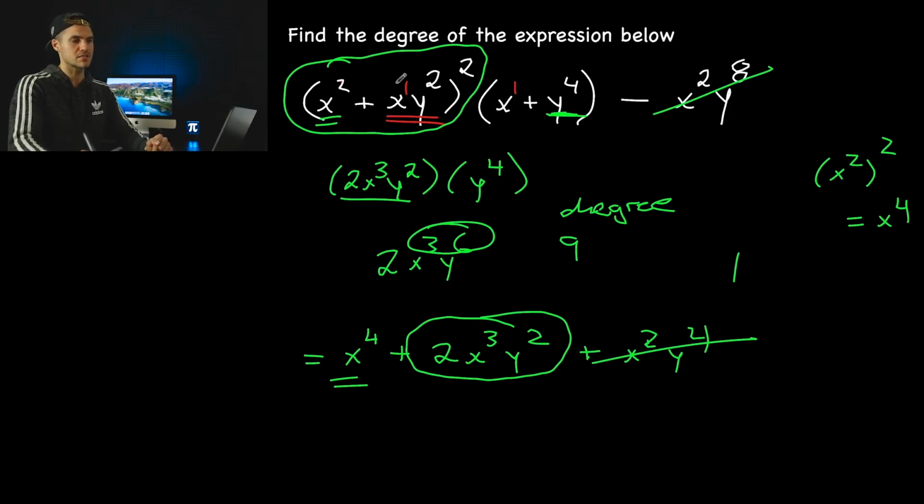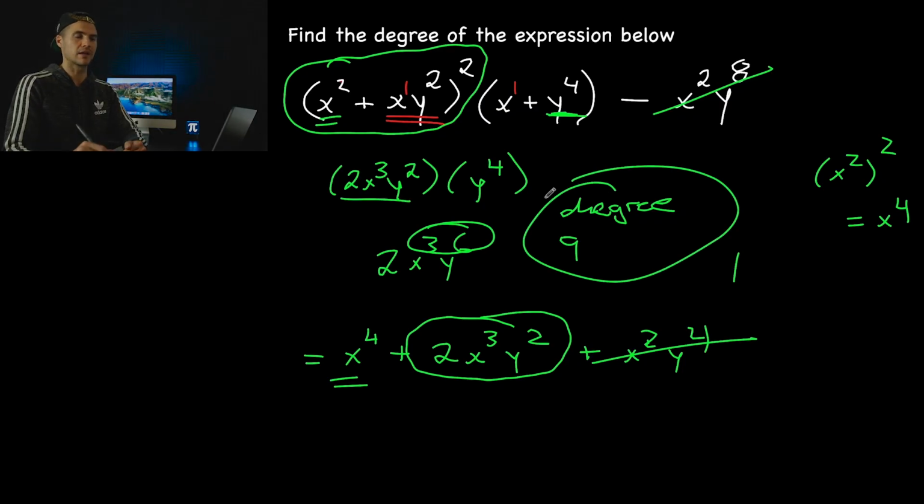If you took this expression and put it into an online calculator, like Symbolab or something like that, and you said expand this, you would see that the highest degree would come from this term right here. So the degree is 9, not 10, because those x squared y to the 8s canceled out. All right, so the degree is 9.